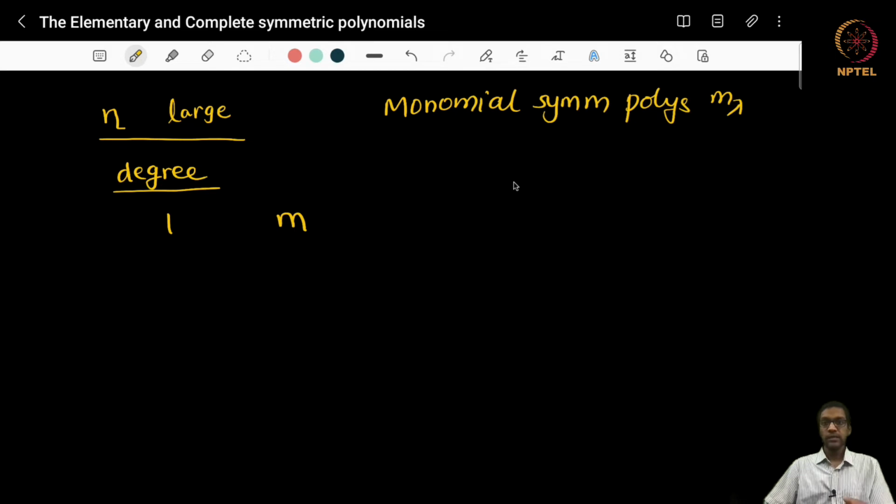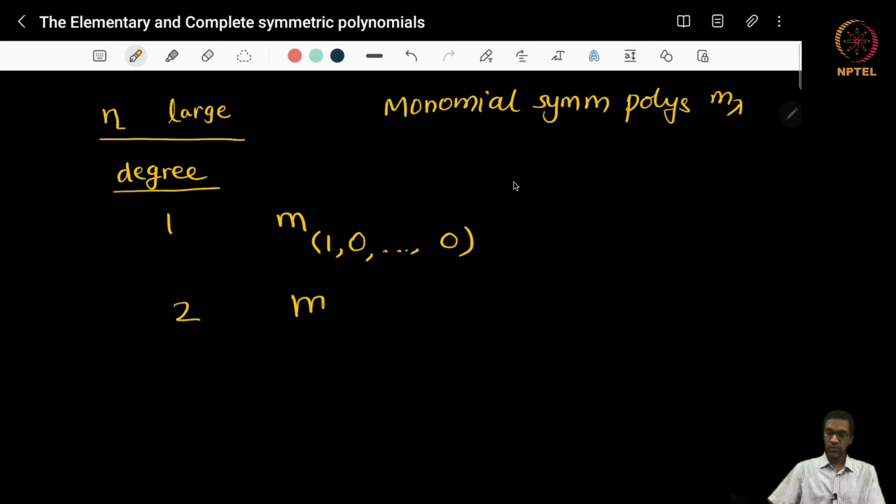But the key point is the degree is 1. So the sum of the lambda i's has to be 1, which means there's really only one choice, which is 1 itself. I mean 1 in the first component. And since I've assumed that the number of variables is 100, the remaining 99 entries are zeros. Okay, so this is the monomial symmetric function m sub lambda. And I'm not writing the variables x1, x2 till xn. So this is the degree 1 guy.